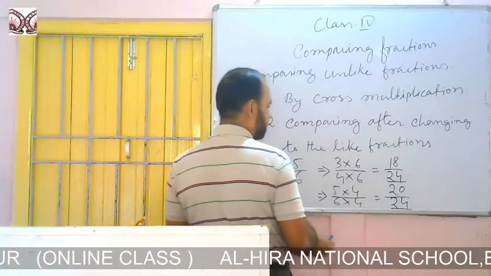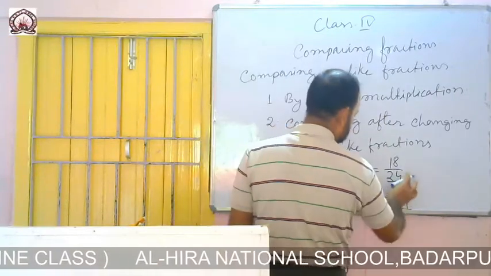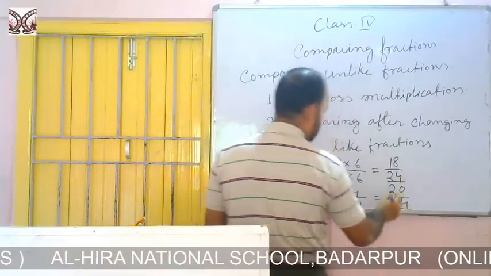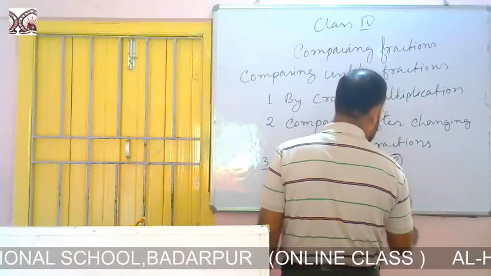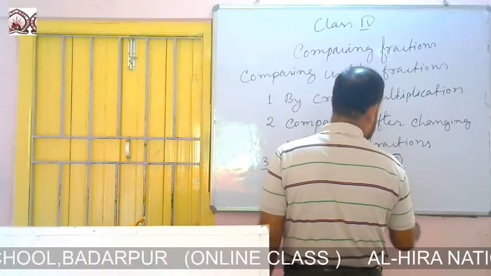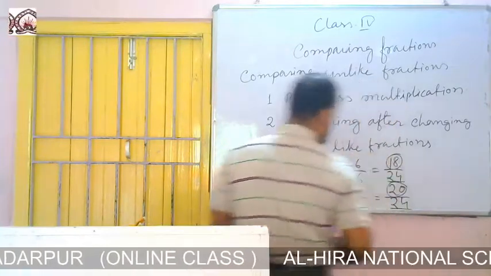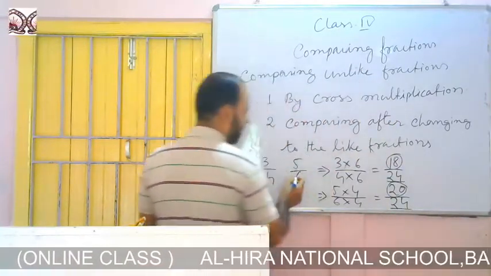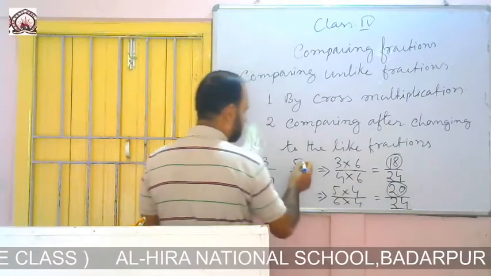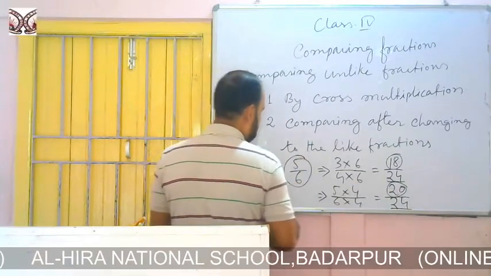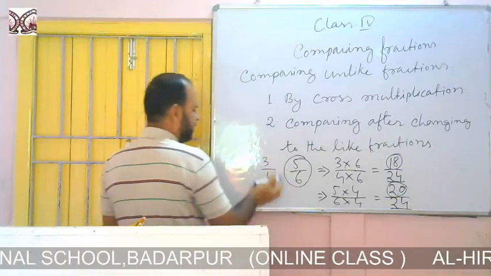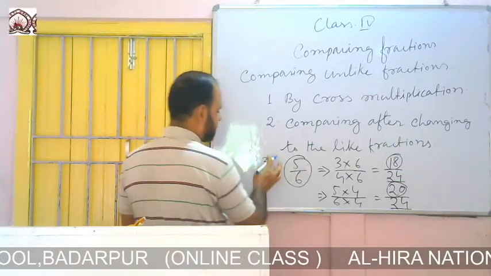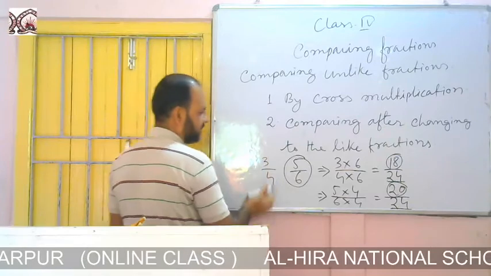So these two fractions are like fractions. So now we compare numerators, here 18, here 20. So 20 is greater than 18. So this fraction is greater than 3 by 4. 5 by 6 is greater than 3 by 4.